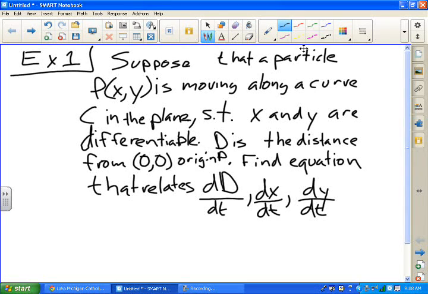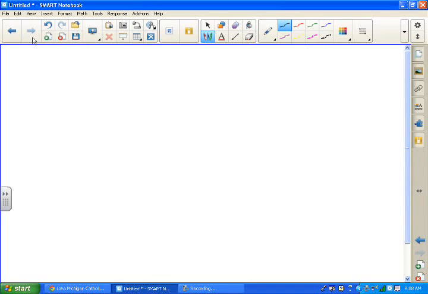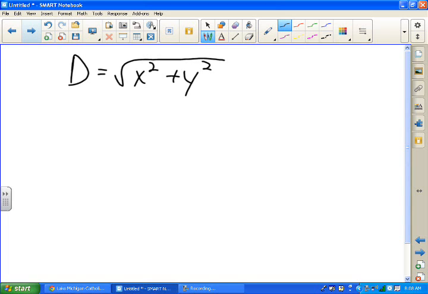Basically, we're going to differentiate almost implicitly, except we don't necessarily always solve for a particular derivative. So let's consider the distance. Well, the distance formula is the square root of (x sub 2 minus x sub 1) squared plus (y sub 2 minus y sub 1) squared.